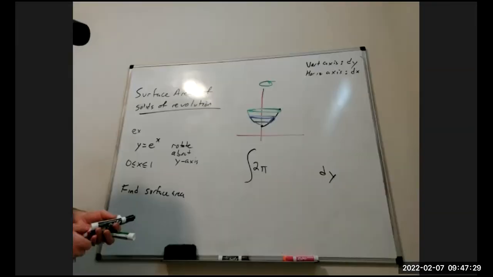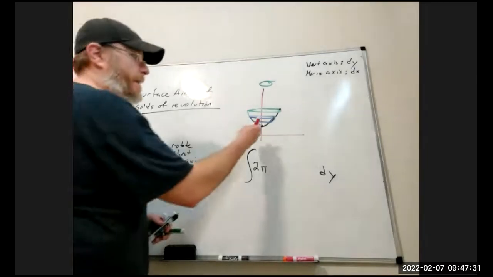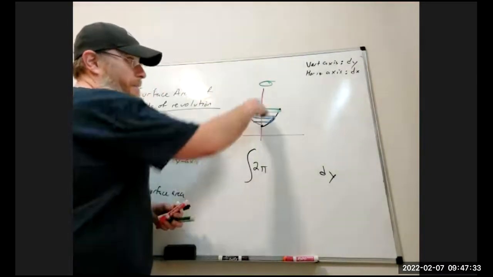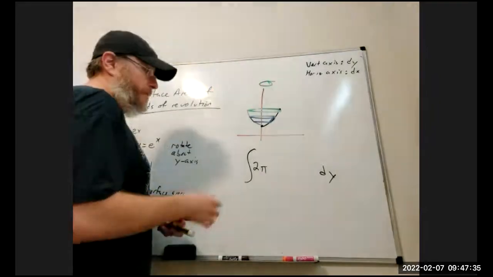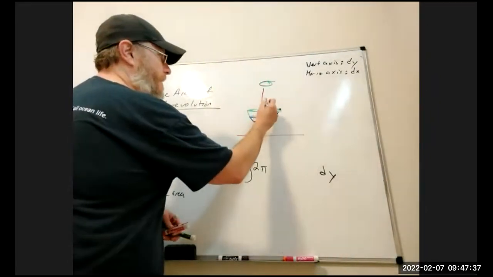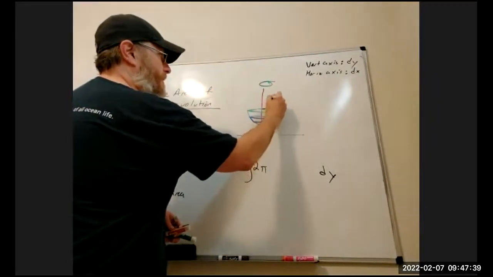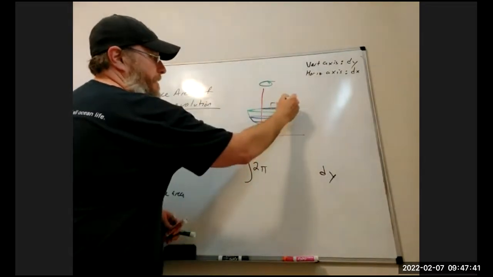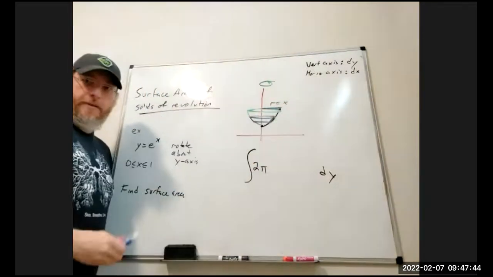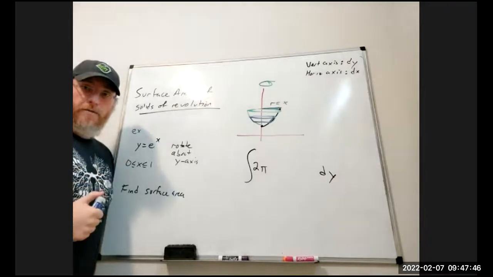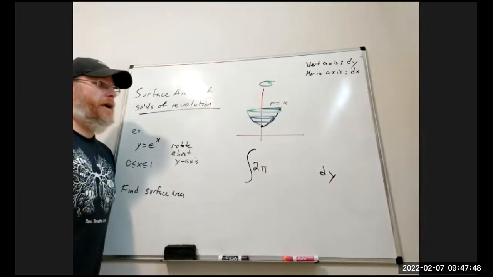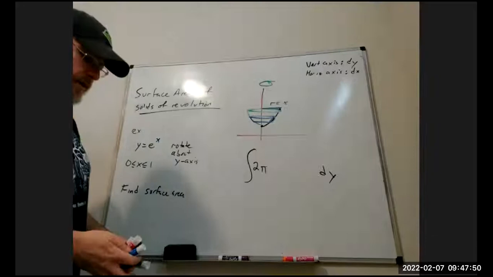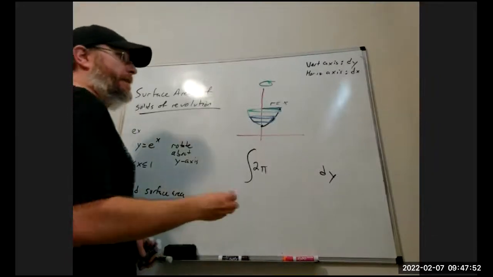It is going to be out to the function. And since it's the coordinate axis, that radius right here, if we think of this as our r, the r is actually going to be whatever the x coordinate is on our function. So it's actually in x. So I'm going to write this as 2 pi times x.